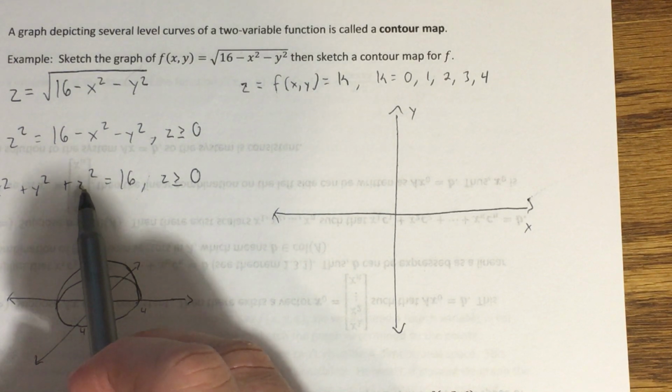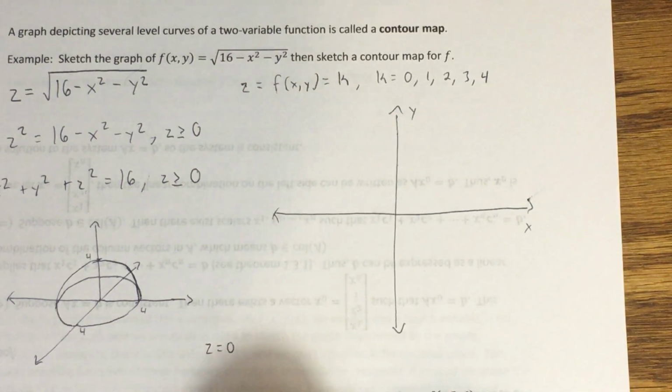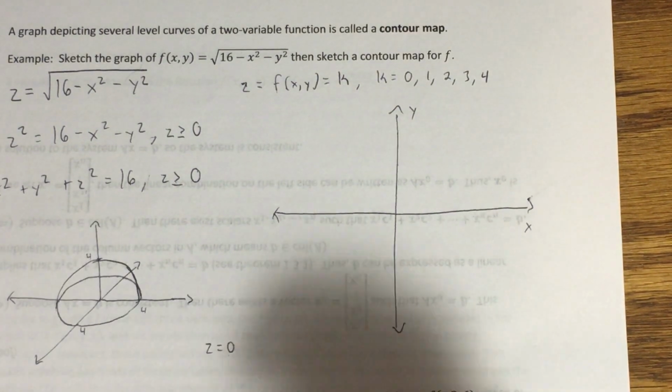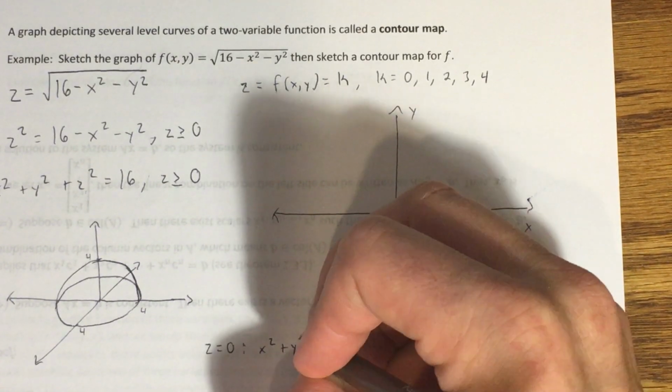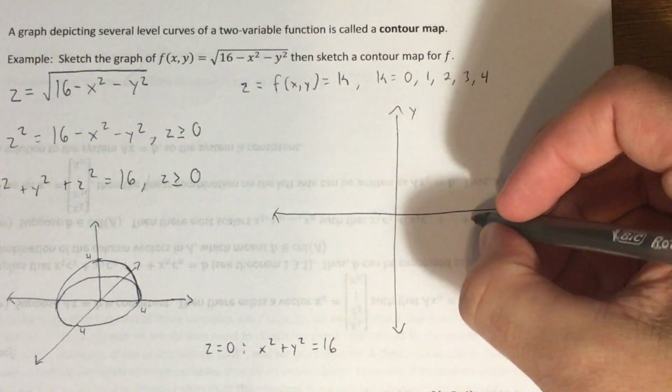For example, if I plug z equals 0 into this, then this equation reduces to x squared plus y squared equals 16. That's a circle of radius 4.